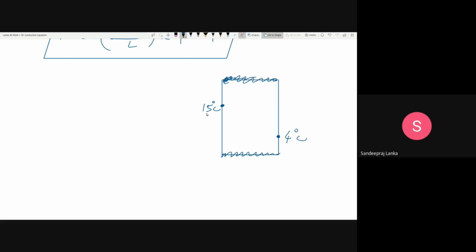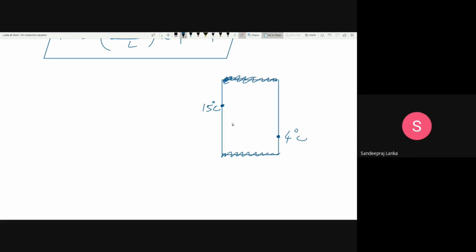See, these are the values that I've taken from the problem that we have solved for the conduction case. Okay, 15 inside, and 4 degrees centigrade is the outside temperature. This is the first problem that we have solved in our course actually. So the same problem I have taken here, 15 degrees centigrade on one side and 4 degrees centigrade on the other side.